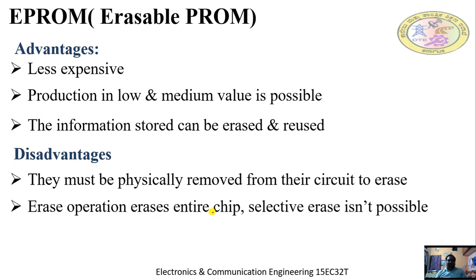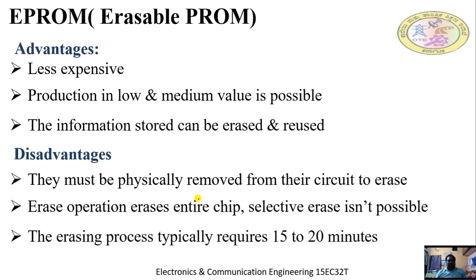Selective erase is not possible. As I told you, I cannot select a particular cell and erase it. As a whole, I can erase all the cells at once, and it takes quite a large time, around 15 to 20 minutes, which is quite large.